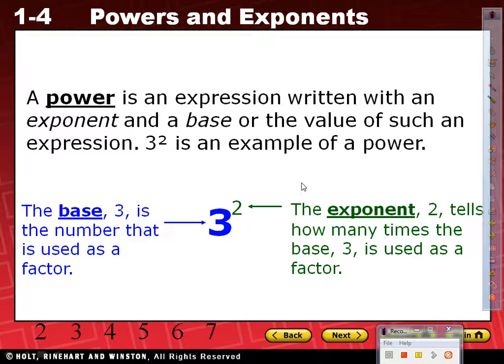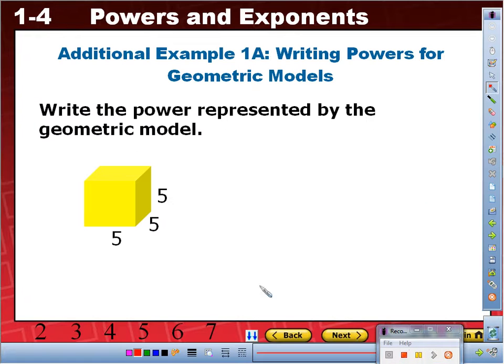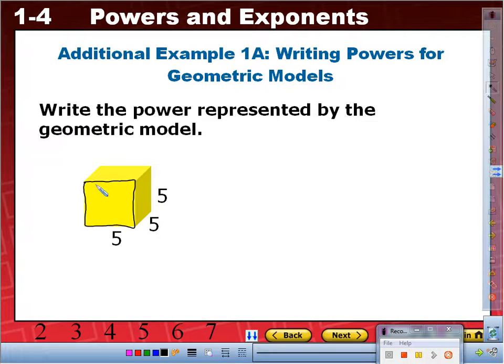Copy this one down, example 1A, and write the power represented by the geometric model. Now check this out. I'm going to help those of you that are artistically challenged. Here it goes. First, let's sketch a square, underneath the steps. From this corner, draw one line down like this, to the back.